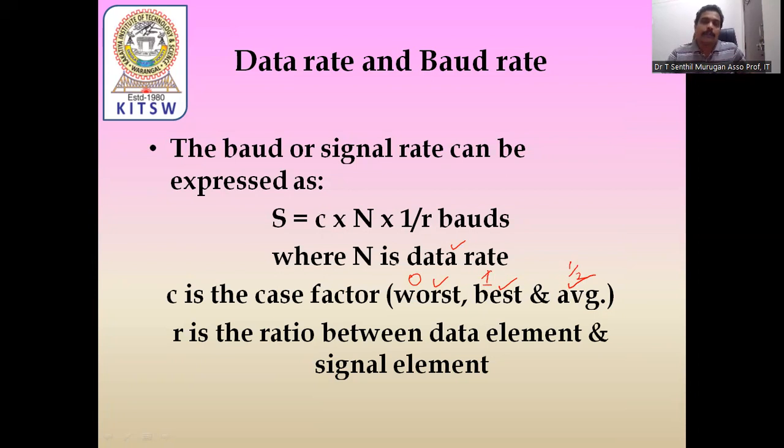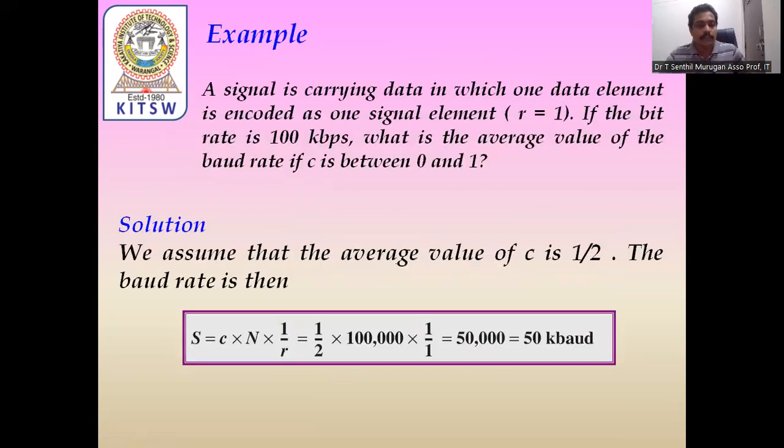Now we are going to calculate the signal rate. The signal is carrying data in which one data element is encoded in one signal element. One data element by one signal element. So what is the R value? 1. That's why it is given as 1. If the bit rate is 100 kbps, N equal to bit rate. 100 kbps means 1 lakh bits per second.